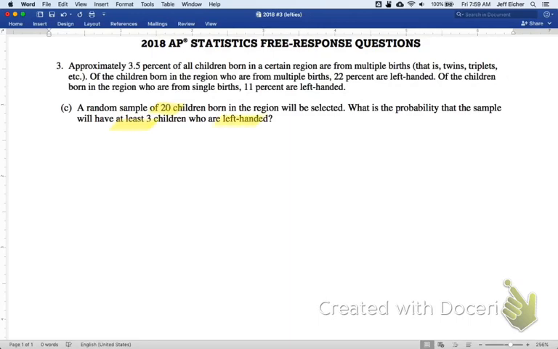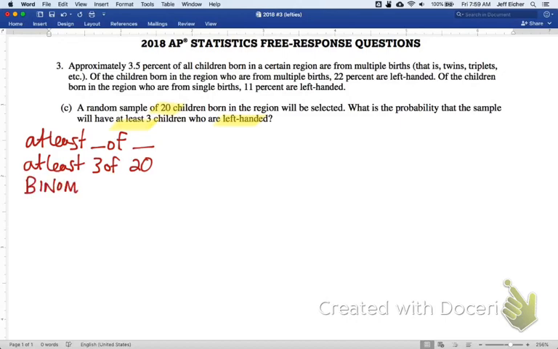So a couple really important things. Anytime you have a statement that you're asked to find a probability for at least blank of blank, so in this context, at least 3 of 20, this is a really good clue.